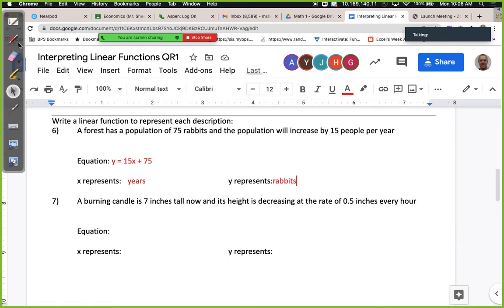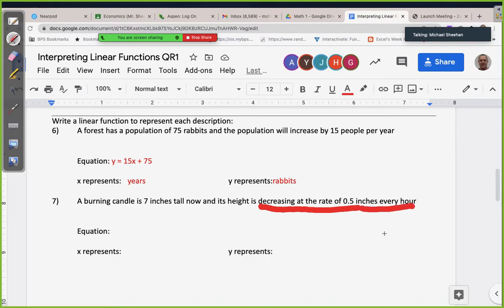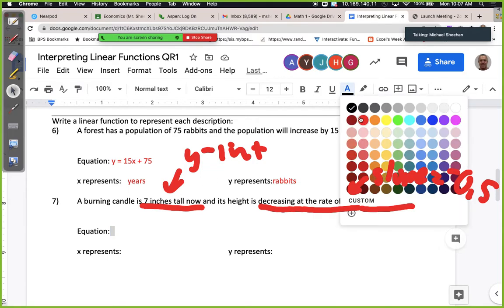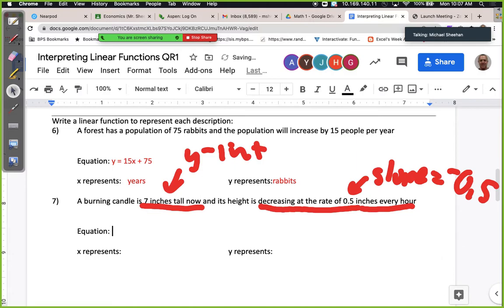Okay? You're going to have one where you're increasing and one where you're decreasing. All right? When you see decreasing, my slope is negative. This is my slope, negative 0.5. I started off with 7 inches. That's my y-intercept. I'm going to write an equation. It's going to say y equals, I'm decreasing.